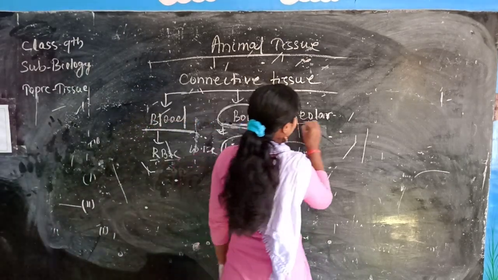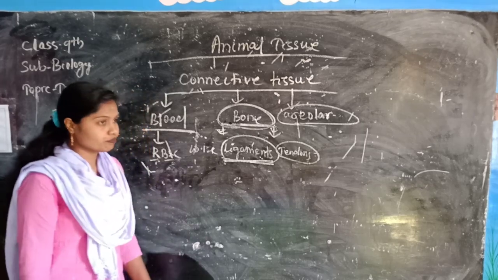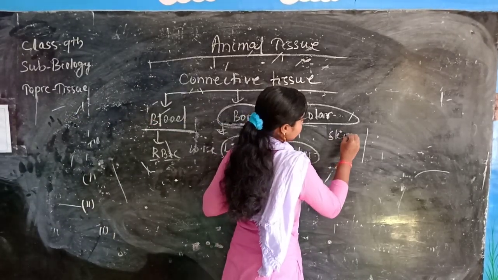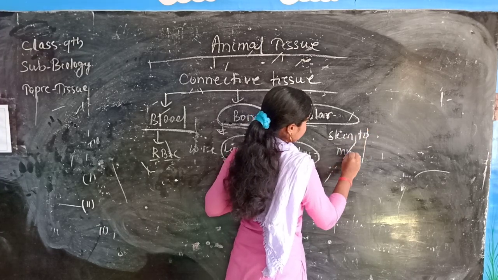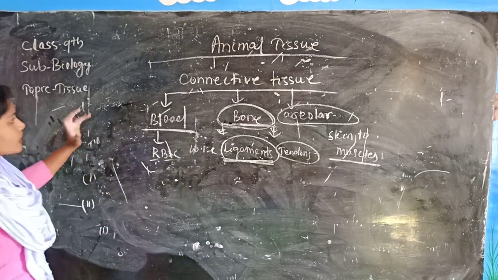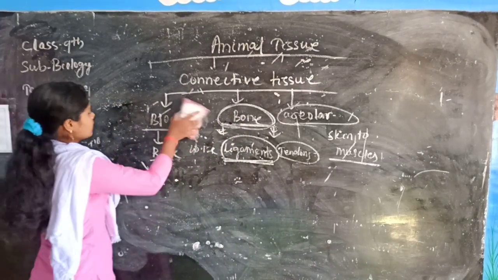Then areolar, it is another type of connective tissue. It connects the skin to muscles. So this is the animal connective tissue.